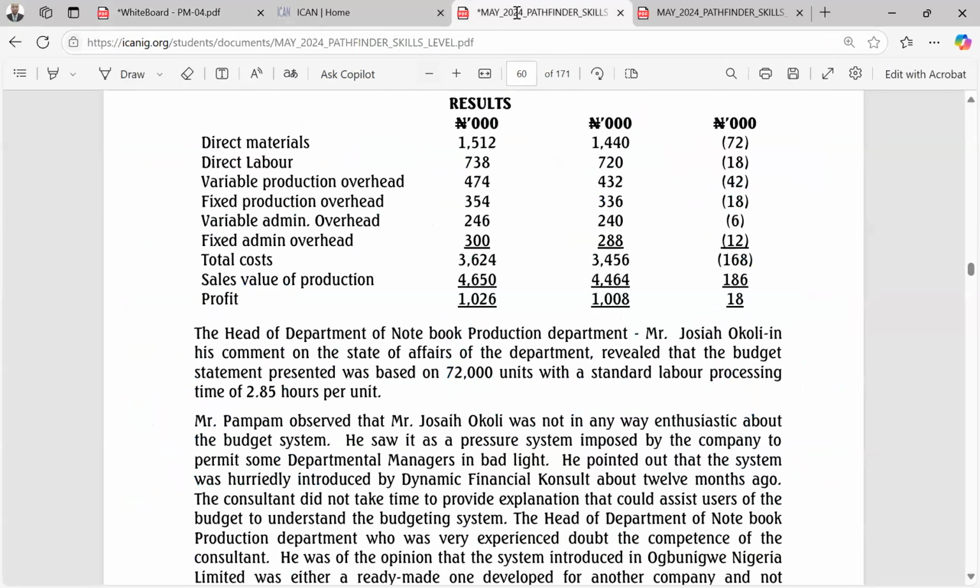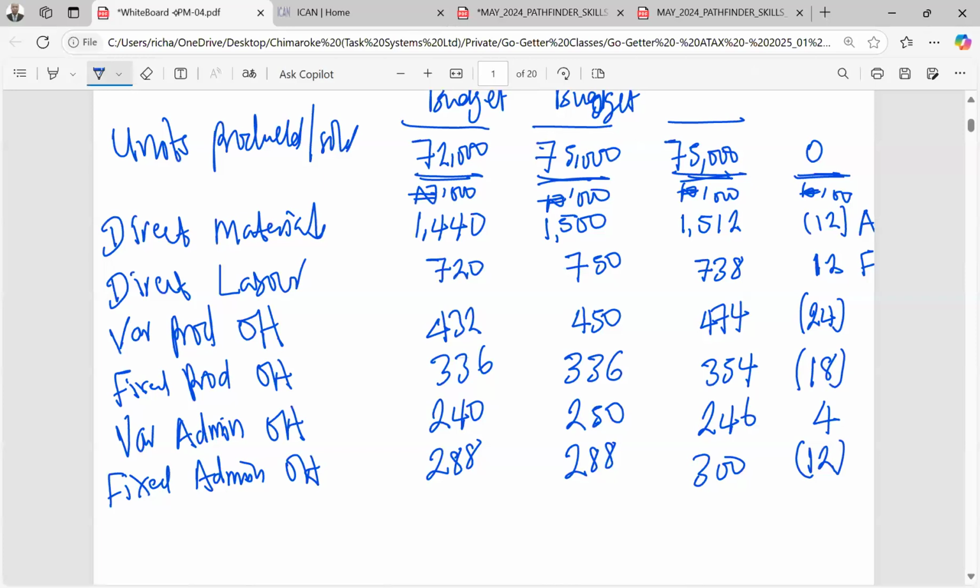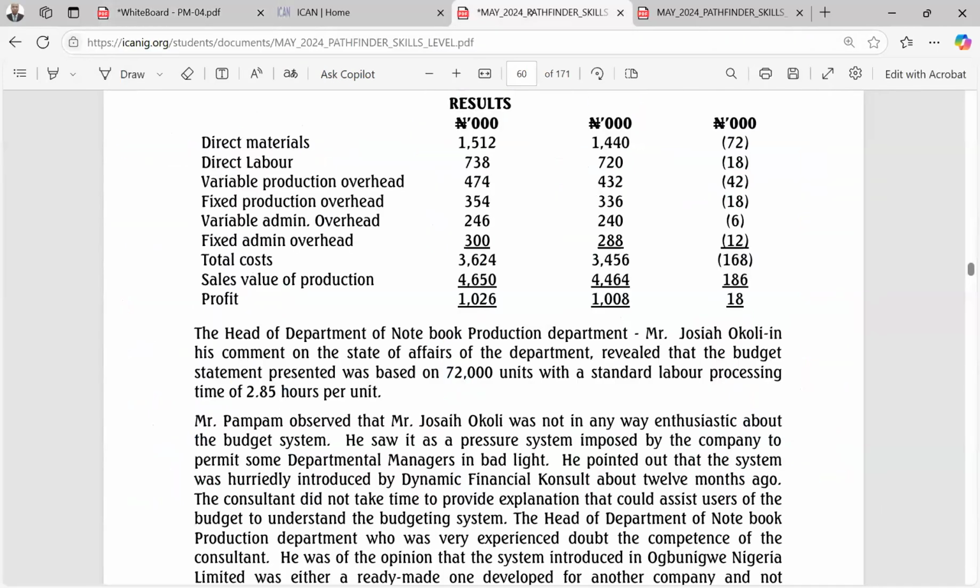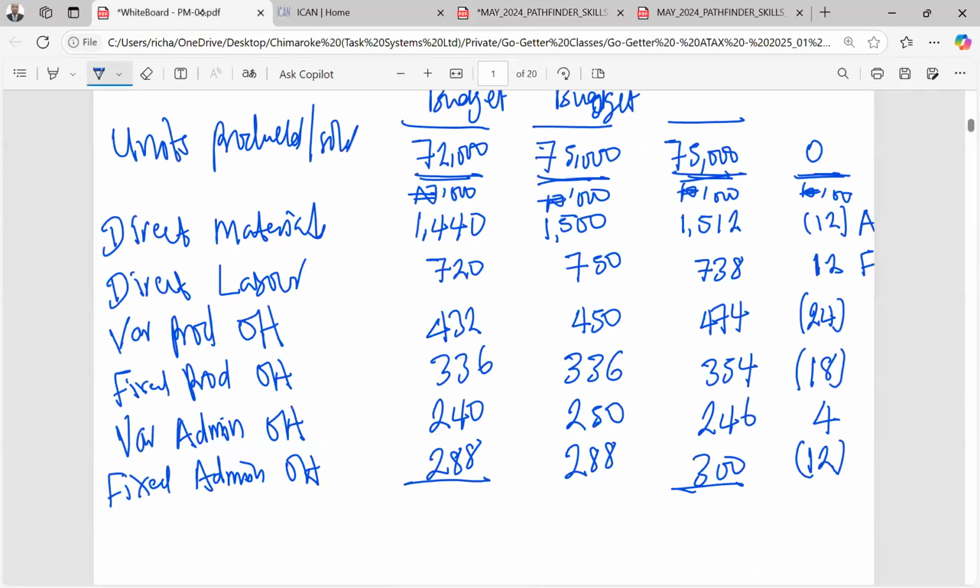Okay, so you check again. We need to know your total cost, budget and actual. The actual was done for us here as 3624. So this is your total cost.